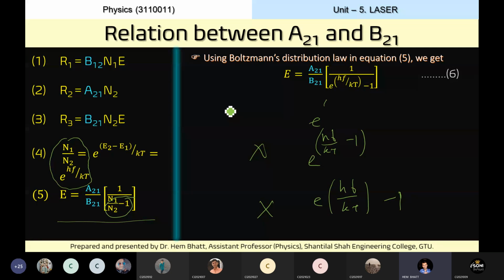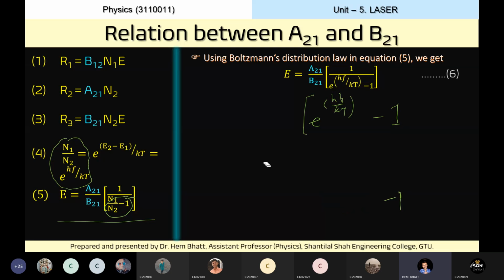It is E raised to HF over KT. આ એક પદ છે એમાંથી 1 બાદ કરવાનો છે. So be careful when you are writing in exam. Don't make this mistake. 1 is to be subtracted from the first term, not only from HF over KT.